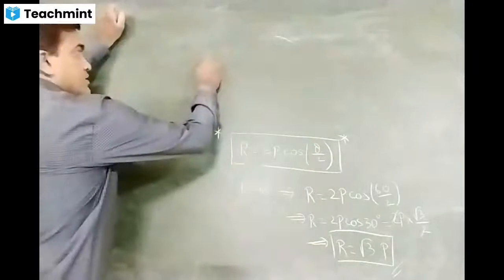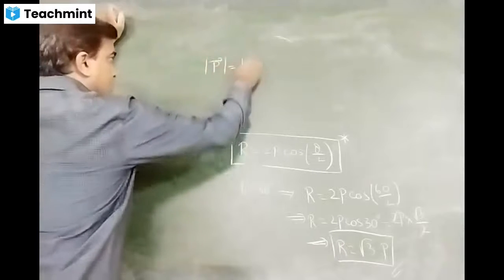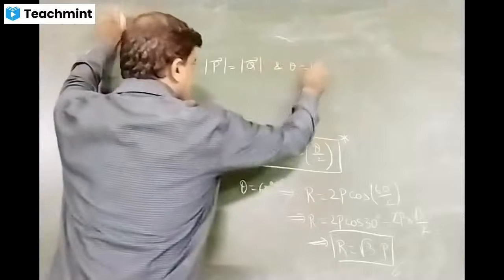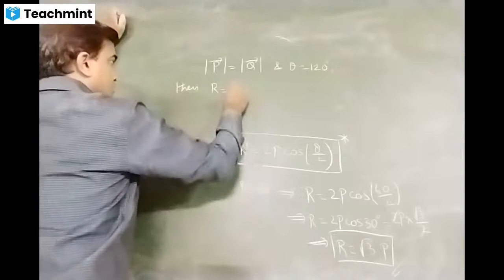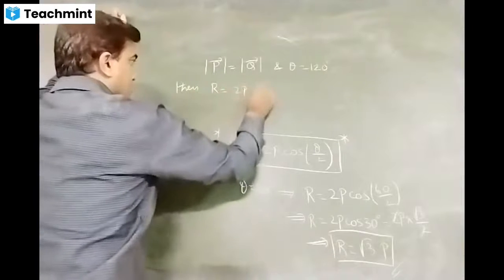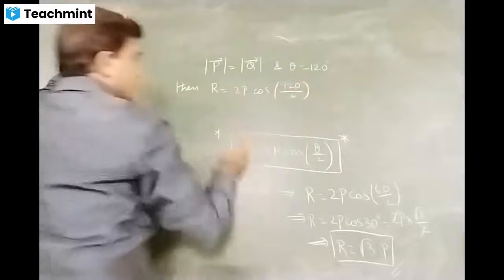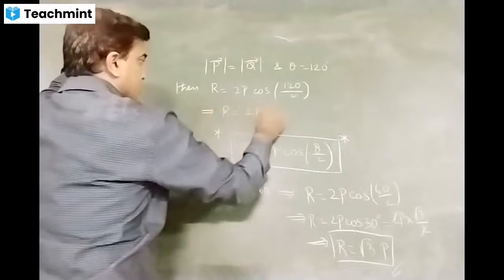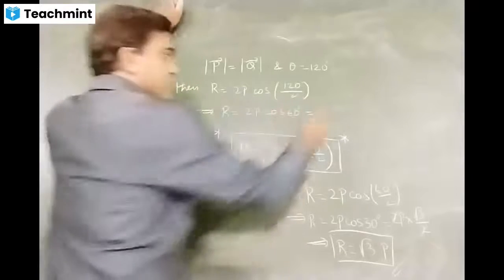So for two vectors of equal magnitude and theta equal to 120 degrees, R is equal to 2p cos 120 by 2, which comes out to be R is equal to 2p into cos 60 degrees. Cos 60 is 1/2.